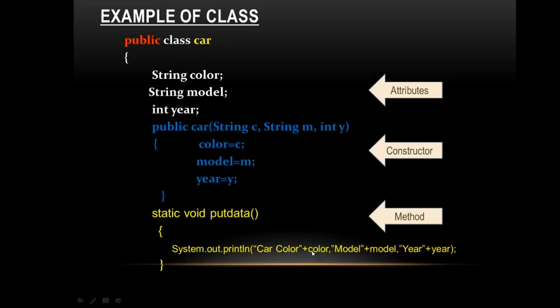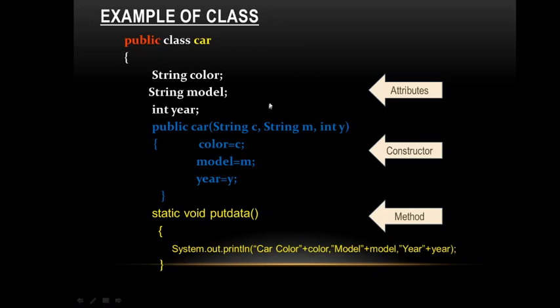This is a variable, it's coming here, model is coming here, year is coming here, and all plus signs are nothing but the symbol of concatenation. Concatenation means when two strings are added, it is known in computer terminology as the concatenation function.